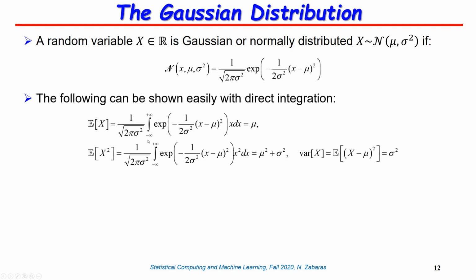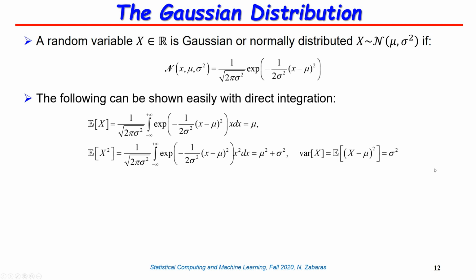So you compute this integral, and similarly you can compute this integral of x squared under the Gaussian PDF. And if you do these integrals, the answers come to be mu and mu squared plus sigma squared, from which you can get that the variance is equal to sigma squared.